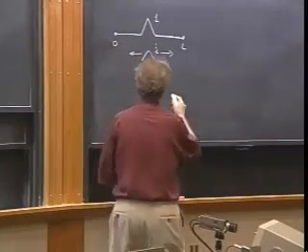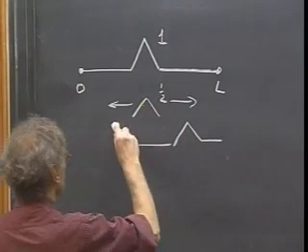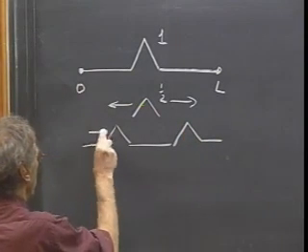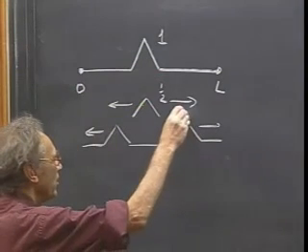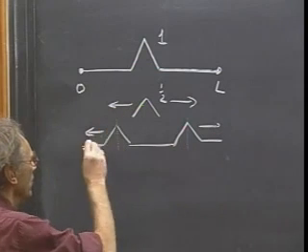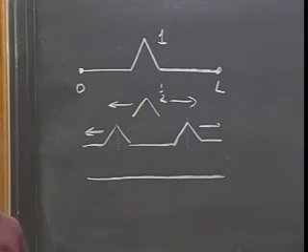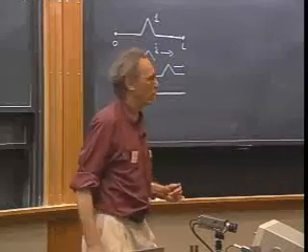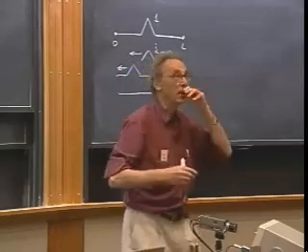So a little later in time, you will see this going in this direction, going in this direction. At the moment that the top of this mountain reaches L and the top of this mountain reaches 0, you're going to see nothing, absolutely nothing, because the reflected one and the incident one exactly cancel each other.